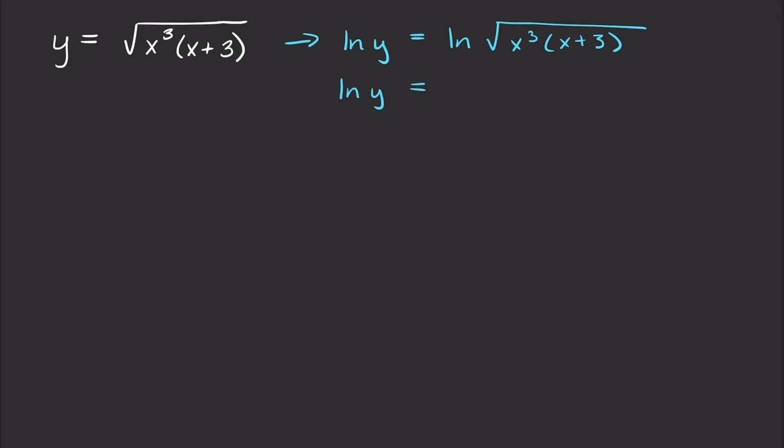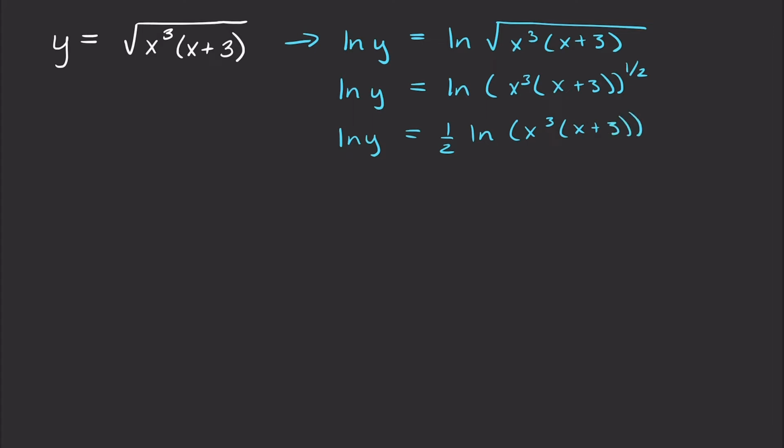So we get the natural log of y equals the natural log of x cubed times x plus 3 all raised to the 1/2 power. So that means we can use the property of logarithms to bring this 1/2 out front and get 1/2 the natural log of x cubed times x plus 3.